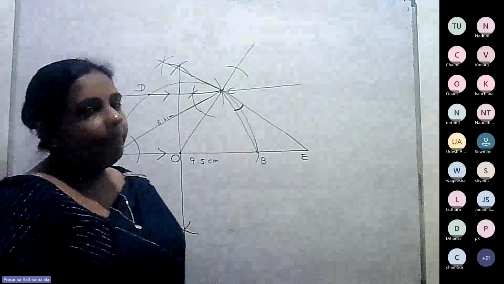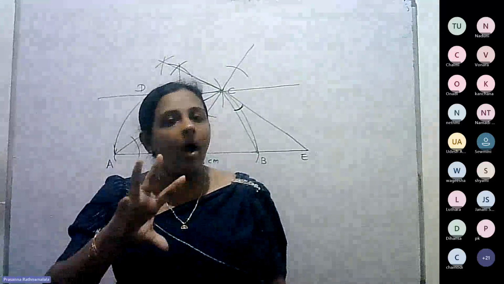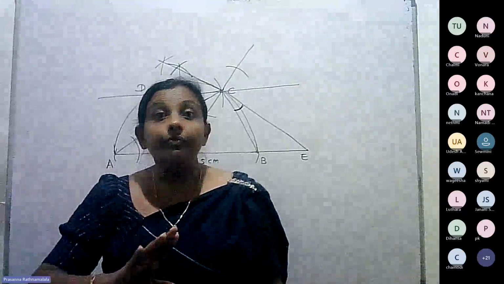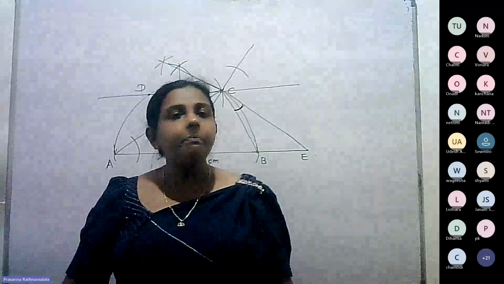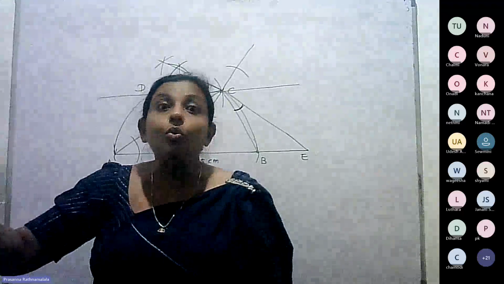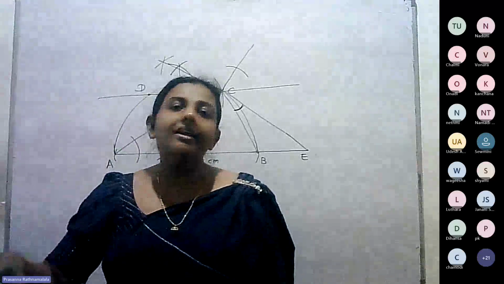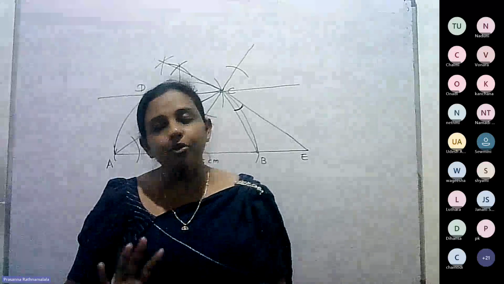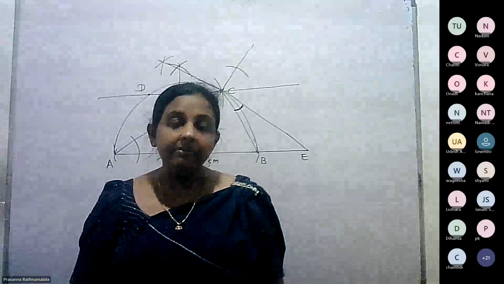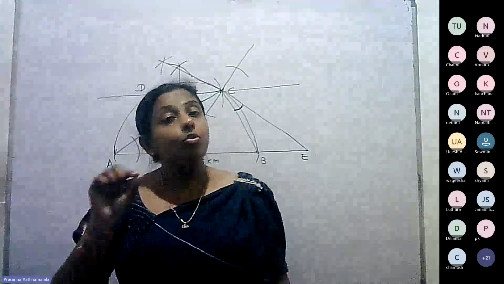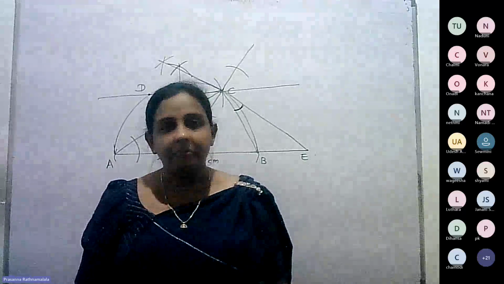You have to prove this relation without measuring, without using your protractor. We cannot use any instruments to find that these two angles are equal. Using the specific theorem, you have to show that these two angles are equal.